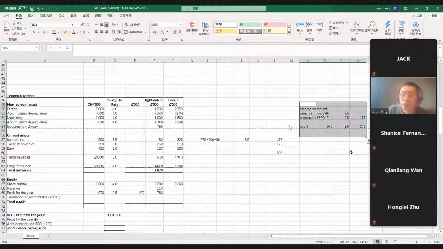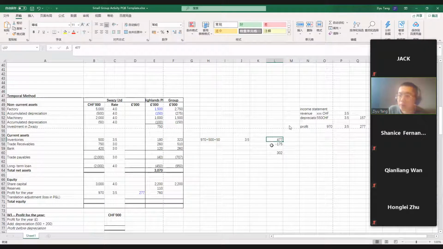So therefore, we need to make an adjustment. We first calculate the profit before depreciation, which is 970 plus 550, divided by 3.5, equal to 477. This 477 is the translated profit before depreciation in British pounds.